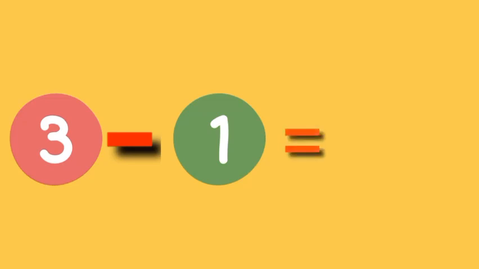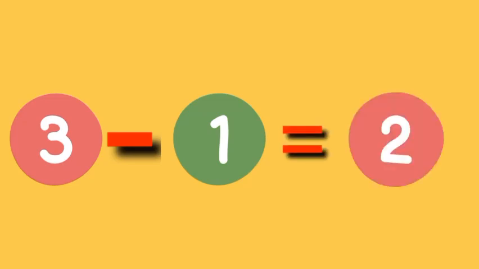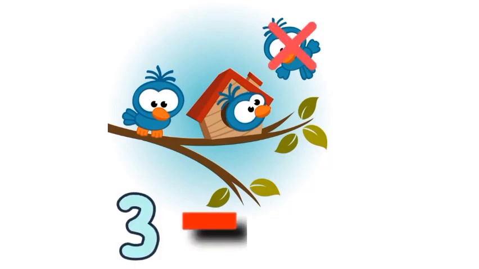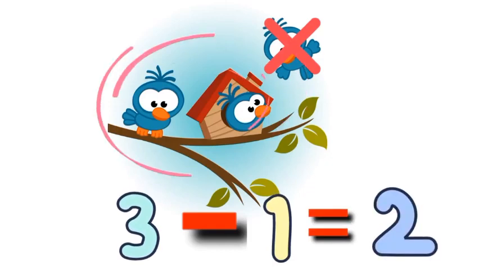You're right, it's 2. Correct. 3 minus 1 equals 2. There are only 2 birds left on the branch.